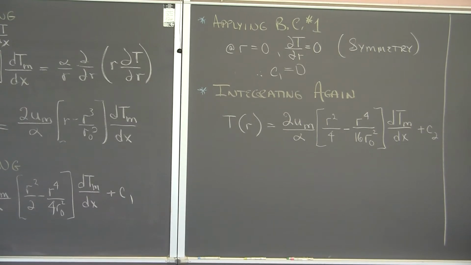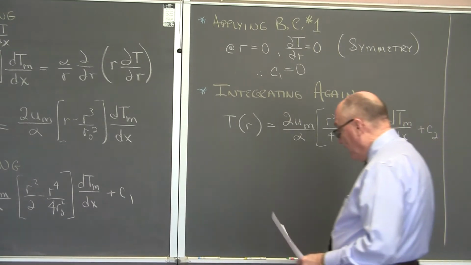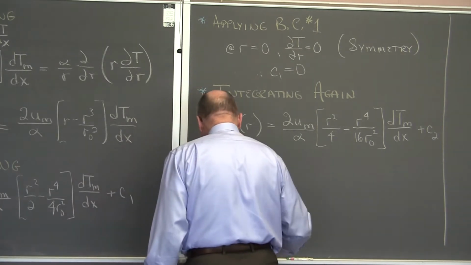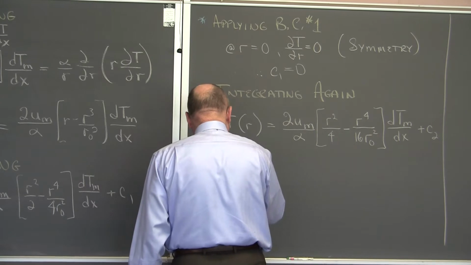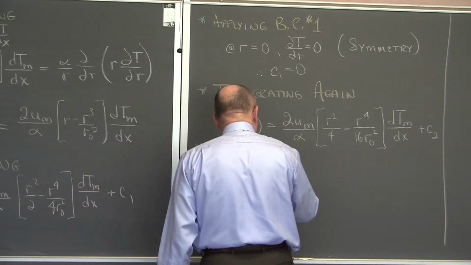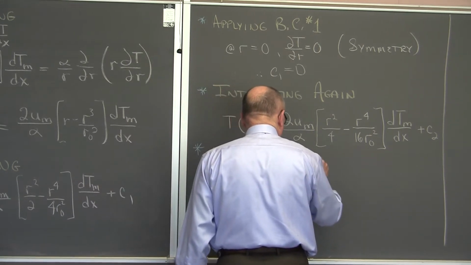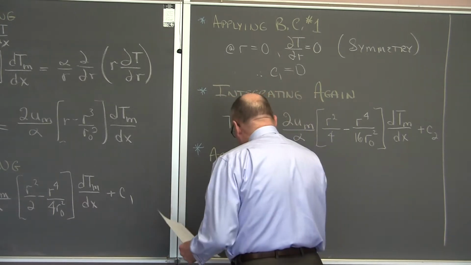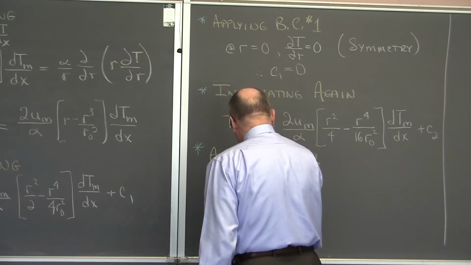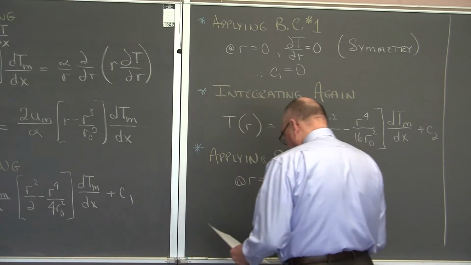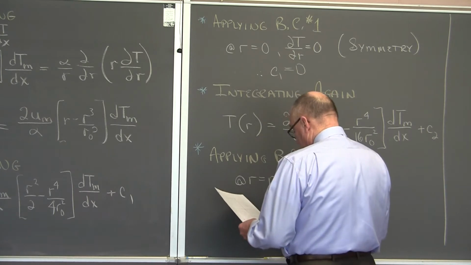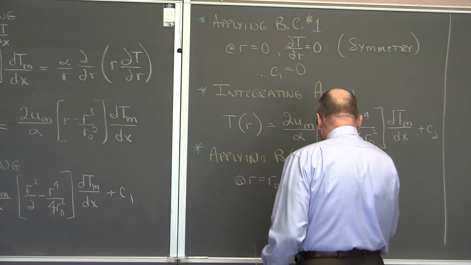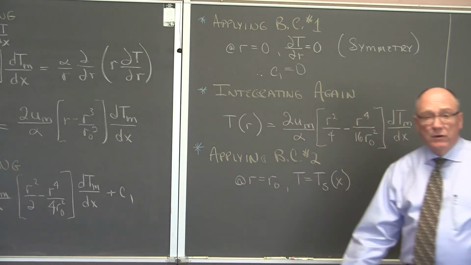All right. Now, we can apply the second boundary condition. And boundary condition number 2 is at r equal r sub 0, we have T equal to Ts, which we know is only a function of x.